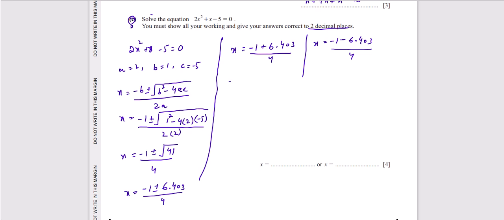Calculate these values, divide by 4, we get 1.35, and using the calculator, dividing by 4, we get minus 1.85. So x is 1.35 and x is minus 1.85.